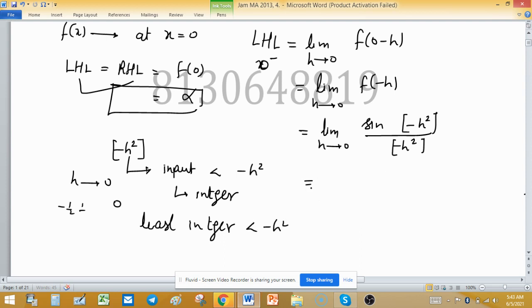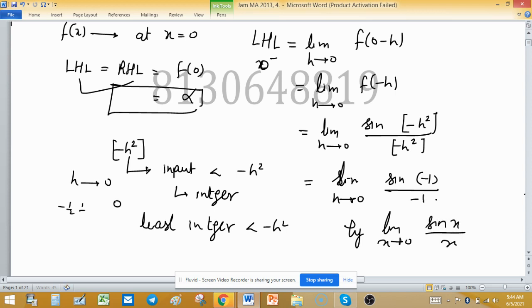So the value of this is equal to the limit as h tends to 0 of sine of minus 1 upon minus 1. Keep in mind this is not of the type limit x tends to 0 of sine x upon x, because here we are getting a constant, not x approaching 0.